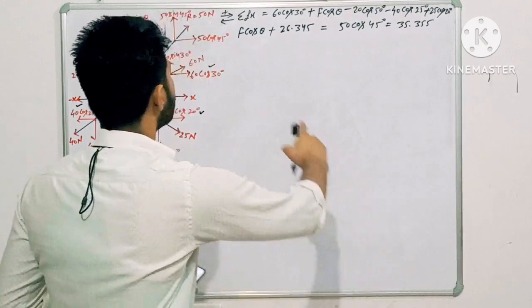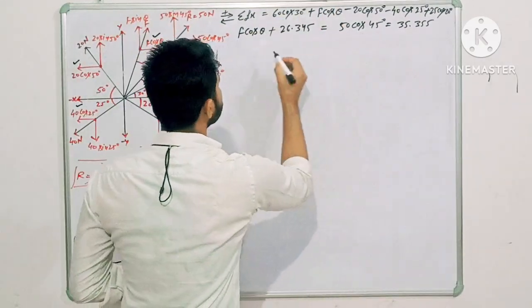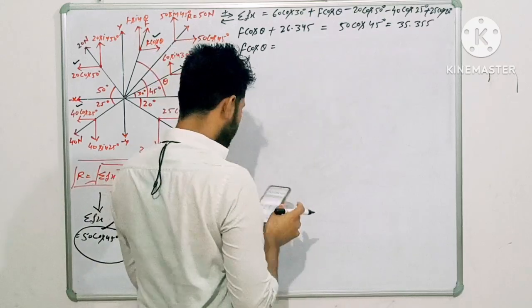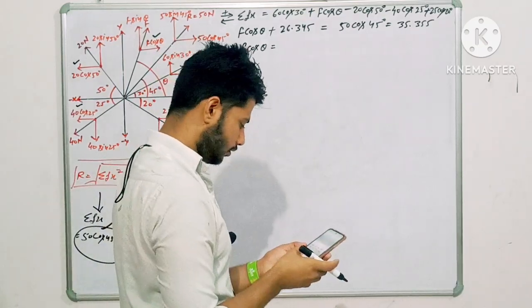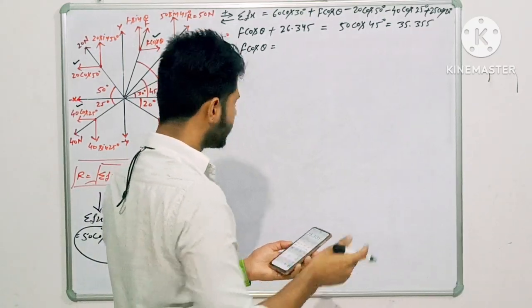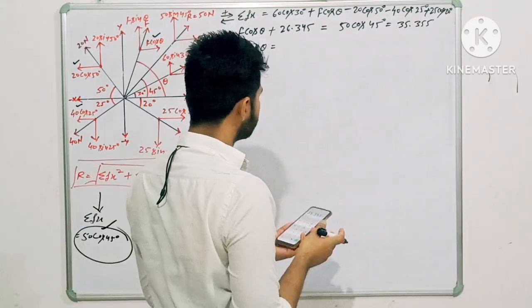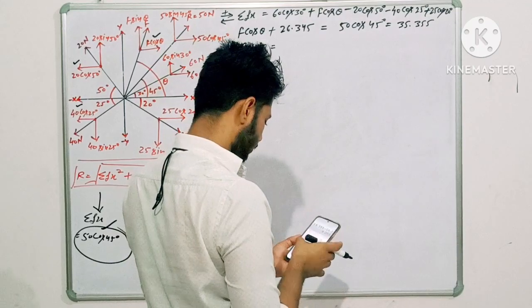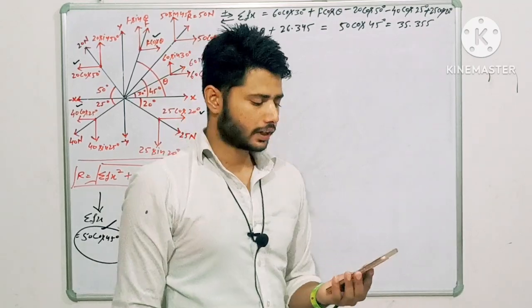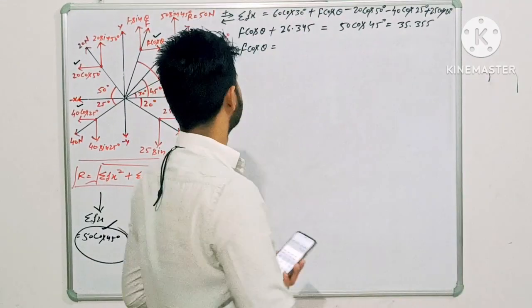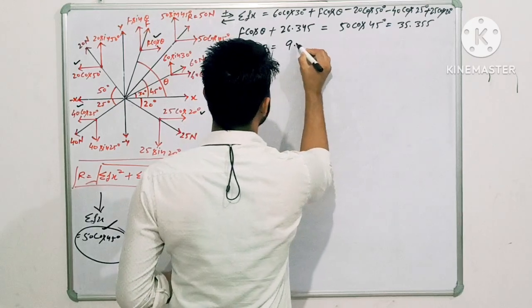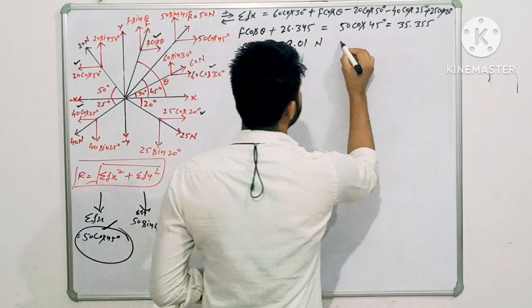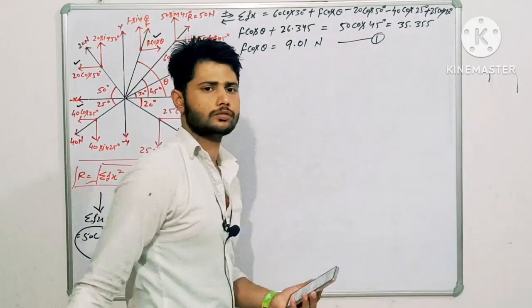Now F cos theta will be equal to 35.355 minus this value, 26.345. Our answer is 9.01. F cos theta is equal to 9.01 Newton. This is our equation 1.